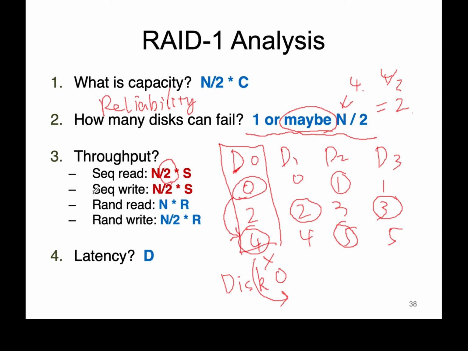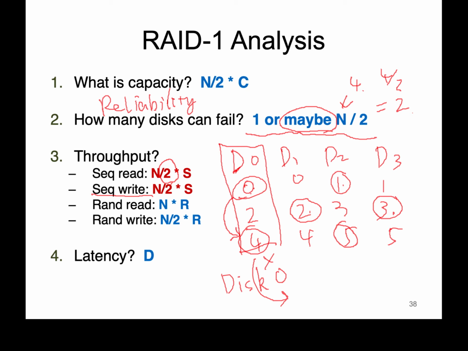And the same for sequential write, because you are doing this write in a rotation manner. You write over here, and then you write over here, and over here, and over here. Even though logically this is a sequential write, from the perspective of a single hard disk drive, you are skipping one block and writing to the next block, and skipping another one, and then writing to the next.